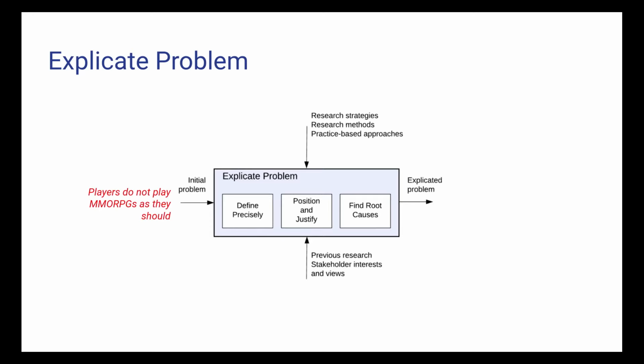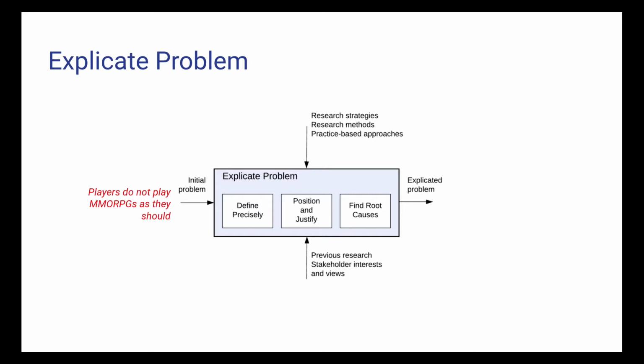Here is an example of an initial problem. Players don't play MMORPGs as they should. Okay, this sounds problematic. People in some practice could perceive this problem, it hurts them, so it looks like a problem, but it is very vague, impressionistic.